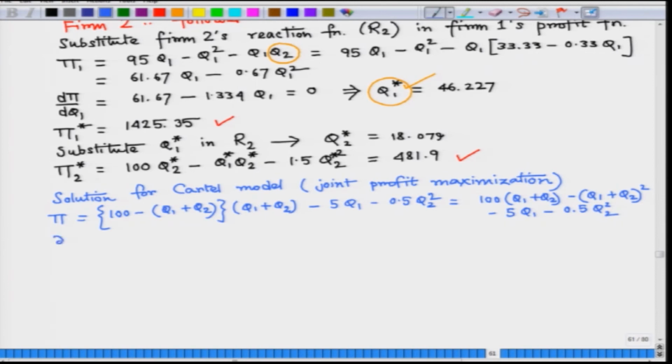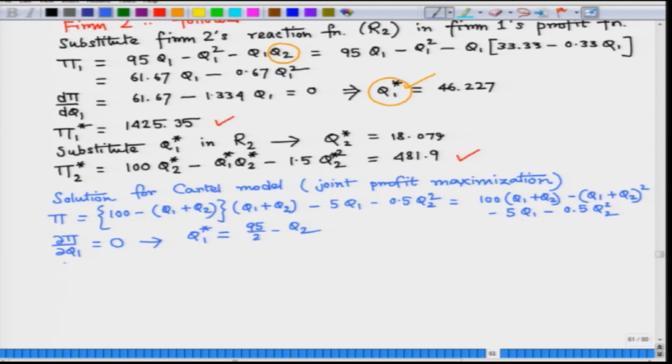We have to find out the individual firms' profit maximizing first order conditions. So, basically we have to find the first order condition by setting this derivative expression to 0, and if we do so, then I get the optimal value of firm 1's production, but note that here that will be a function of the output level of firm 2, right.